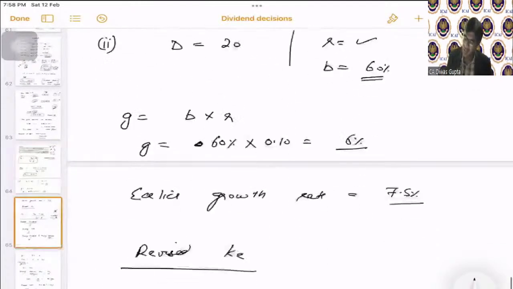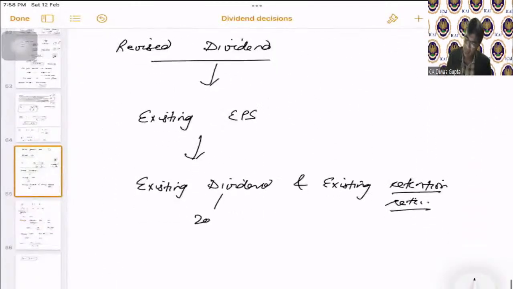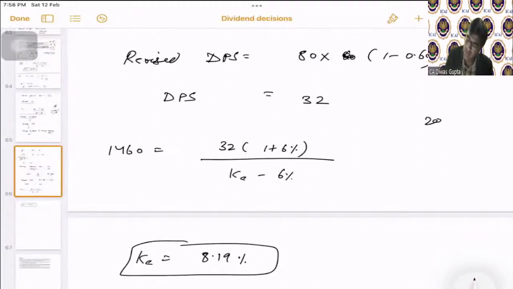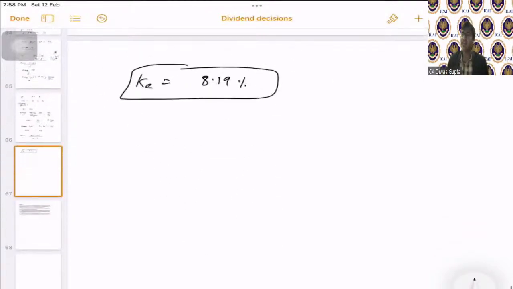So that is what we have tried to calculate here. We said that 20 is not right to assume because the right dividend should be 32. The value will remain the same, there is no change in the value. But this 32 rupees will have an impact, so basis that we have calculated the revised KE here.